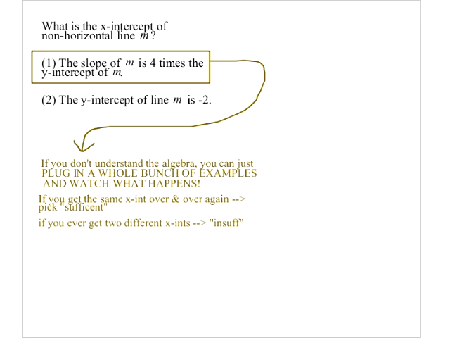Let me correct the spelling there. Okay, so let's try that. You just pick a whole bunch of lines that satisfy this equation, right? So let's just pick a bunch of lines with m equals 4 times b. Someone in the text box, put some equations of lines in the text box that do that.